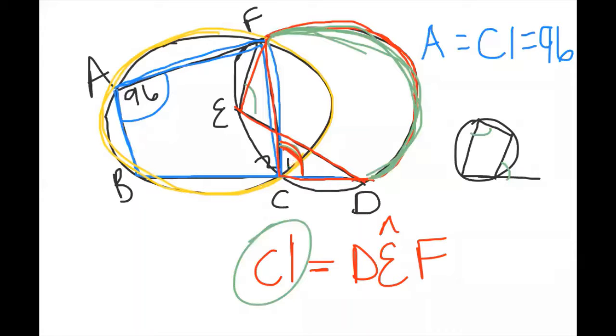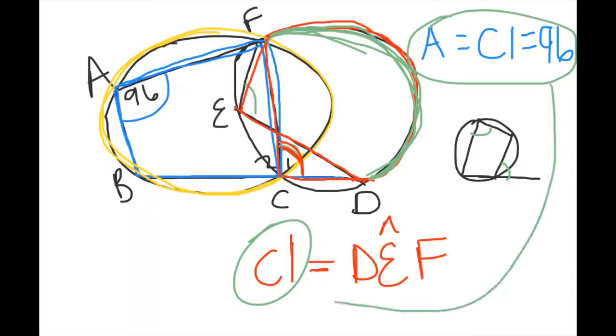If A equals C1, and that all equals 96, and at the bottom we have C1 equals DEF, then DEF equals 96. And the reason for DEF is angles supported by the same segment.